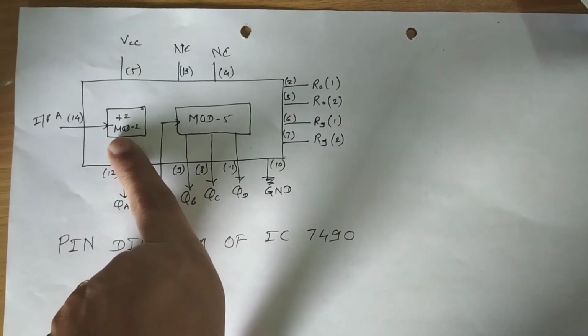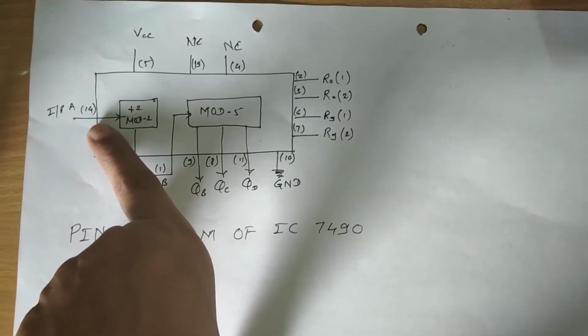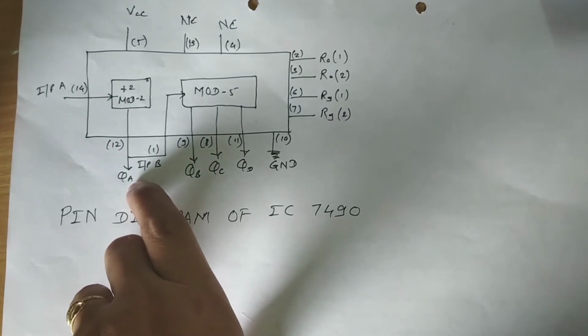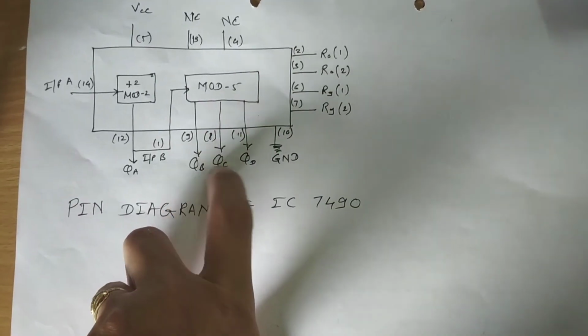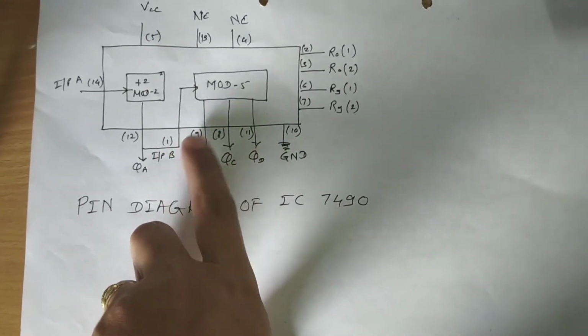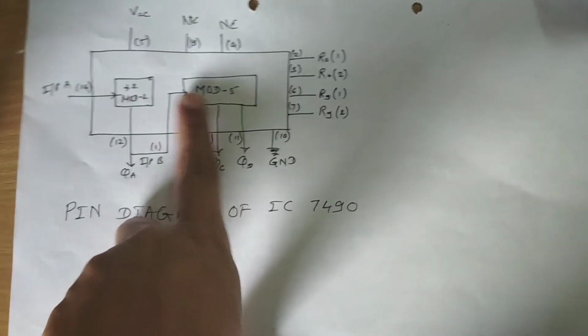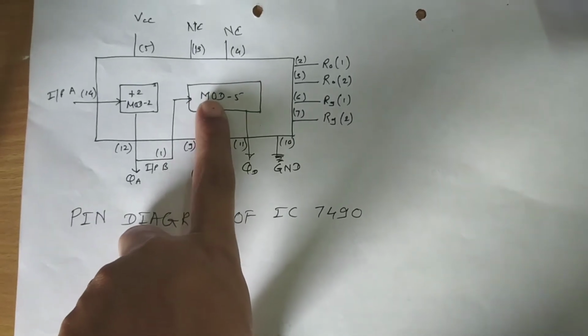Mod 2 has 1 clock input, that is input A, which is the external input. Then it has 1 output, that is QA, right? Other than that, mod 5 has 3 outputs, that is QB, QC and QD, right? And in mod 5 a clock is there, but that is not an external clock. The output of mod 2, that is QA, will be the input to the clock of mod 5, right?